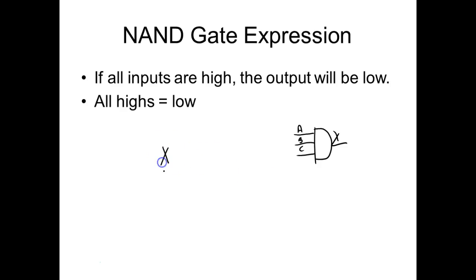So we could go X is equal to ABC, and that would be perfectly legal, right? Y'all understand?